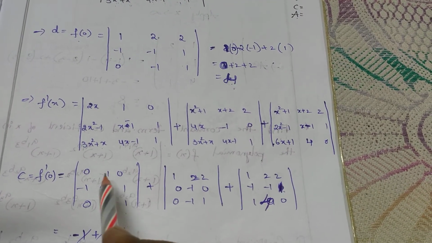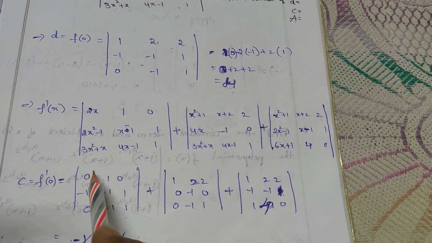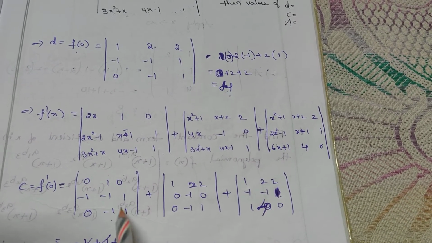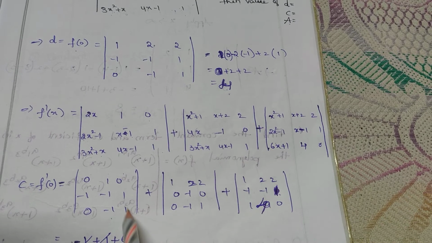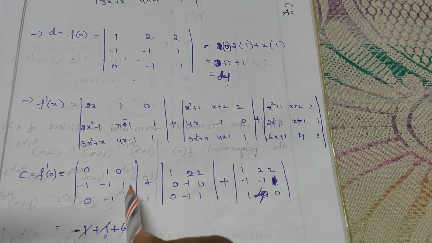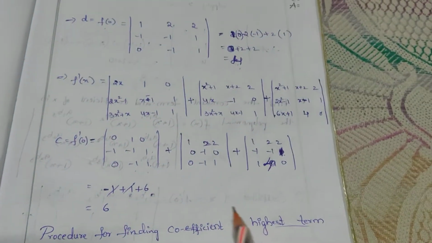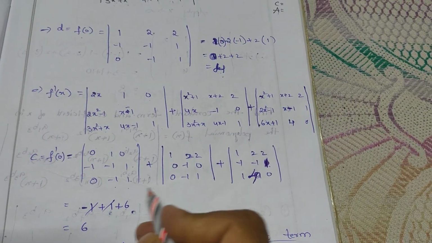Expanding this determinant according to this row with signs plus, minus, plus, you get minus 1 into, leaving the row and column, minus 1 into 1, minus 1 minus 0. So minus 1 into minus 1 is plus 1 for this determinant.